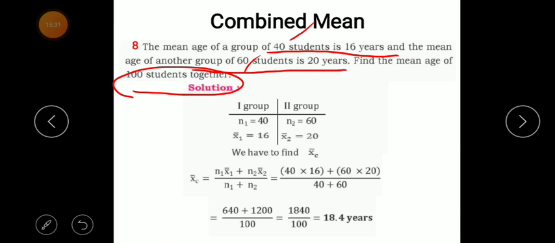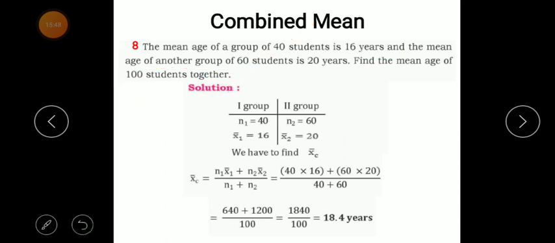We know that there are two groups, group 1 and group 2. So I'll say n as the number of items in the group. In this case students, so number of students in group 1, n1, is equal to 40.